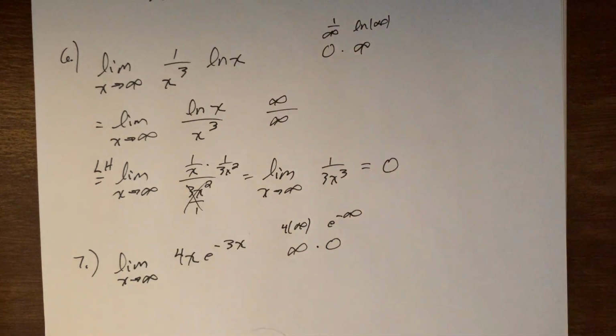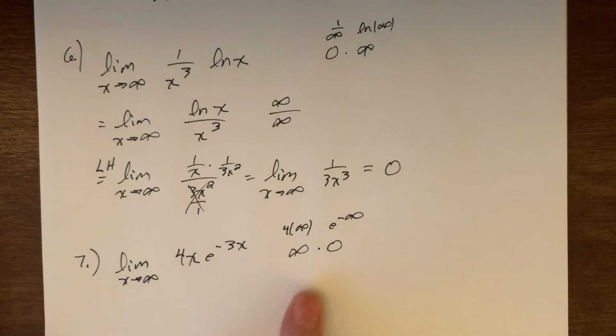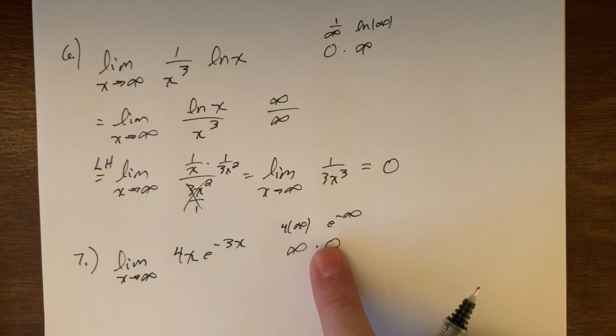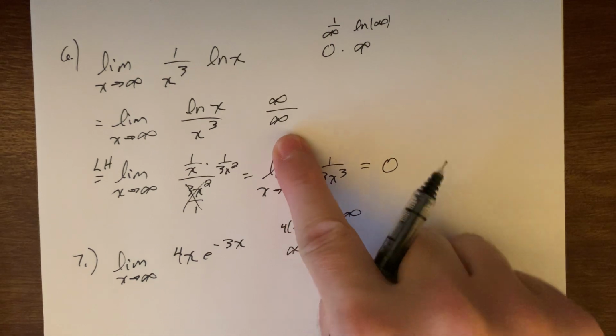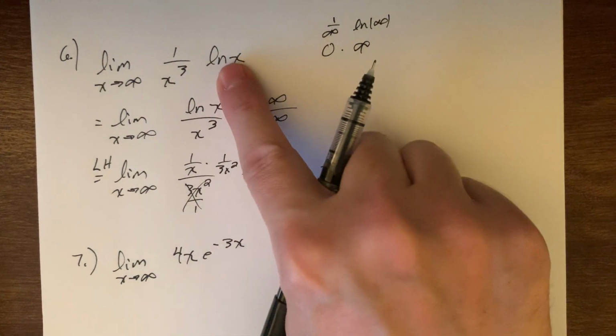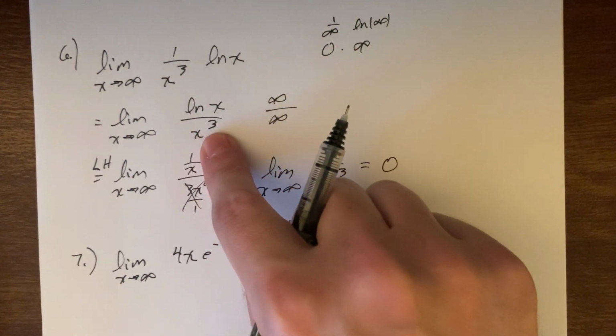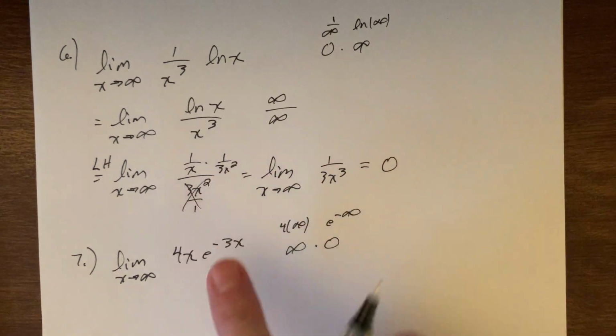Infinity times 0. 0 times infinity, infinity times 0, same thing, indeterminate, but not in a good spot. Okay, indeterminate, but not one of our two preferred indeterminants. So once again, need to manipulate. Here, we got this to be a fraction by literally just multiplying, and then we had our division. So then L'Hopital's rule worked.